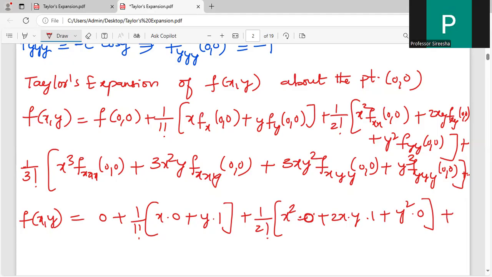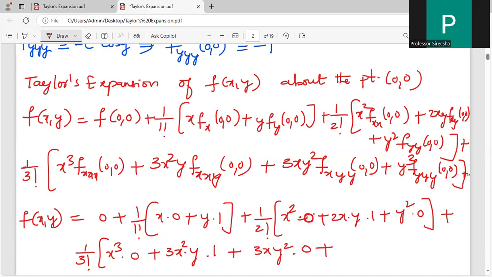Because of which that also is 0. 1 by 3 factorial x cube, again f triple x is also 0 because I have sine. Then 3x squared into y into fxxy is 1 because I have differentiated with respect to y. Sine has become cos. 3xy squared, into the other one is 0.